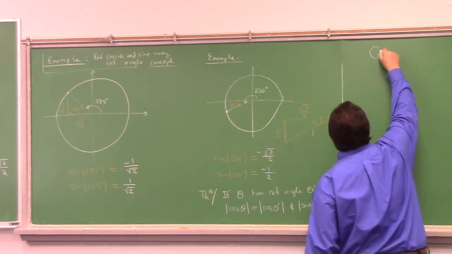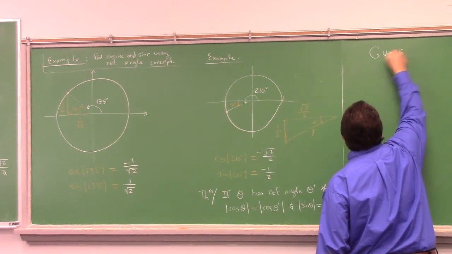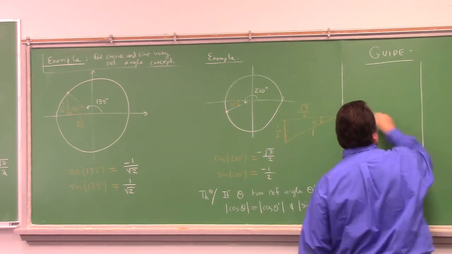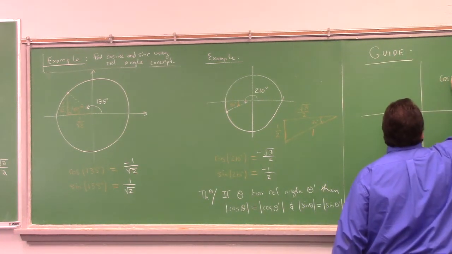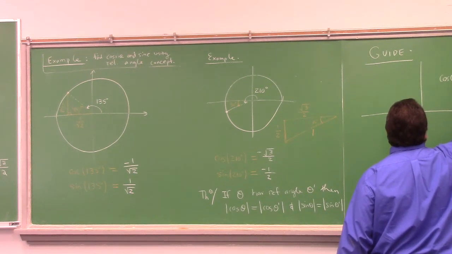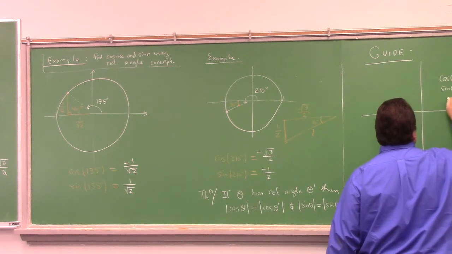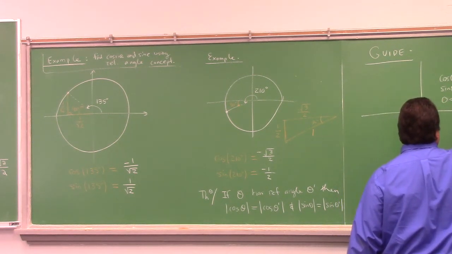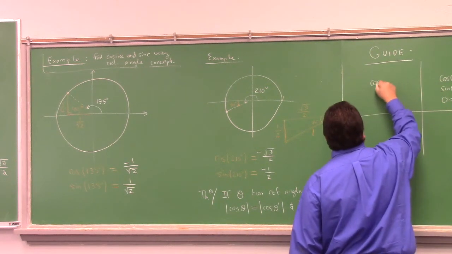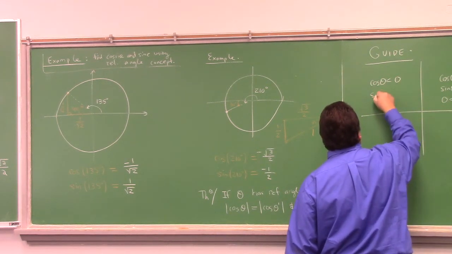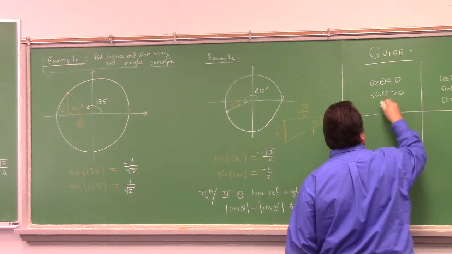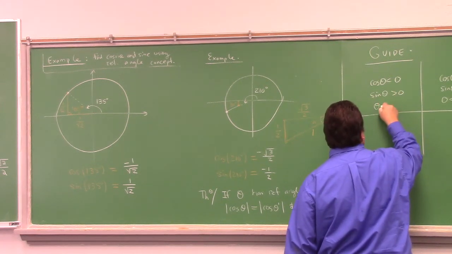So here's a guide. Cosine theta greater than 0, sine theta greater than 0. That's for quadrant 1, right? Cosine theta negative, sine theta positive. That's for quadrant 2.